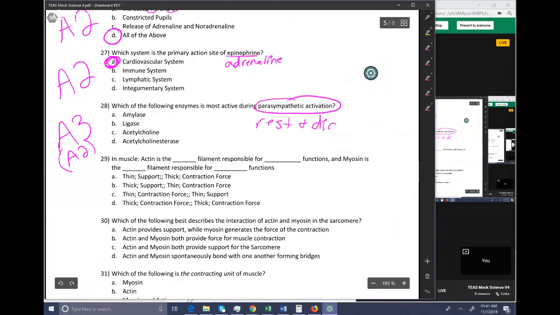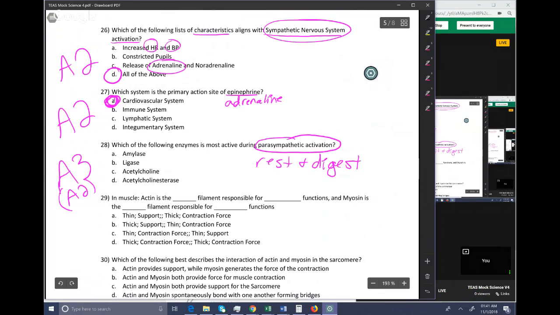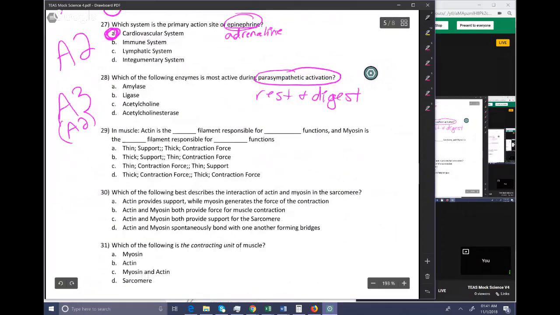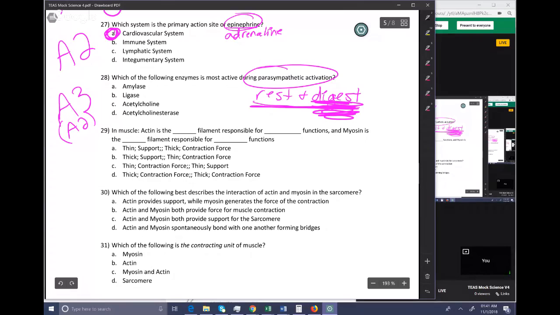Parasympathetic doesn't have its own hormone. With the sympathetic, it's very easy to call out a hormone because it's adrenaline or noradrenaline. The parasympathetic doesn't have that, which is probably why people tend to get a little freaked out and struggle with this. There's not a hormone you're supposed to list from your notes. What they're referencing is that if this system is active, it's because we're resting and most likely digesting food.